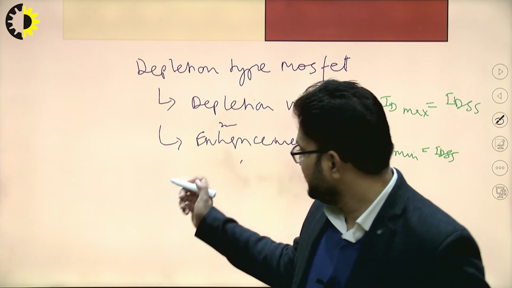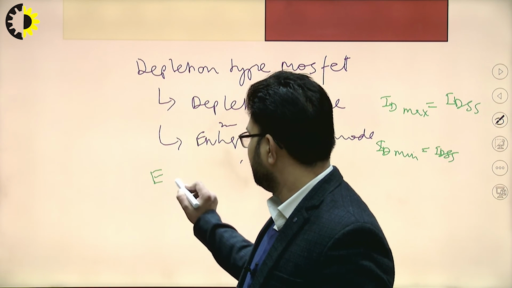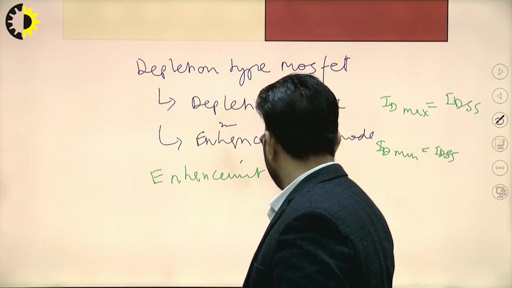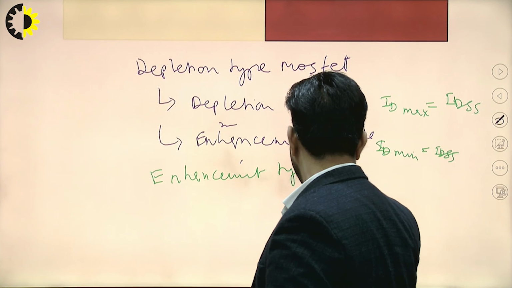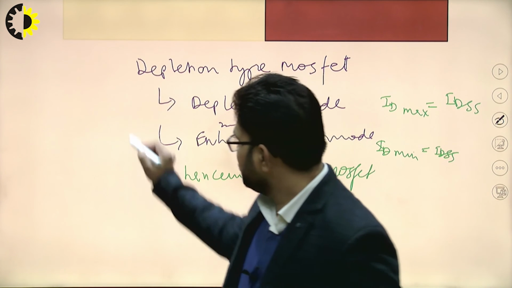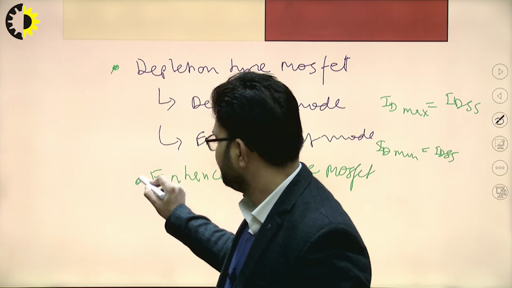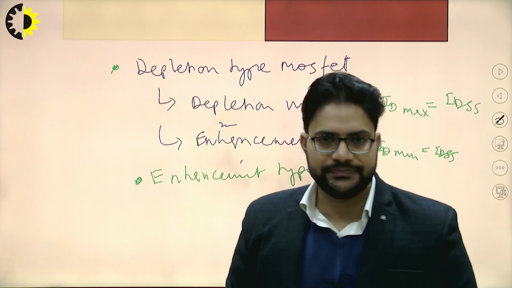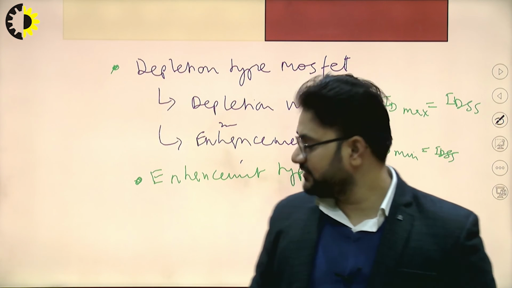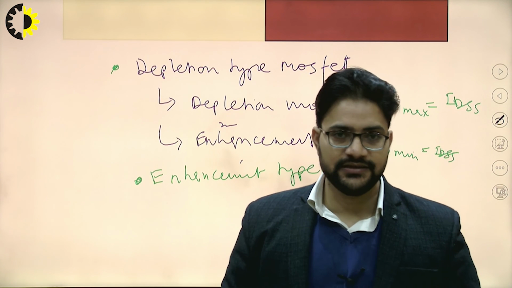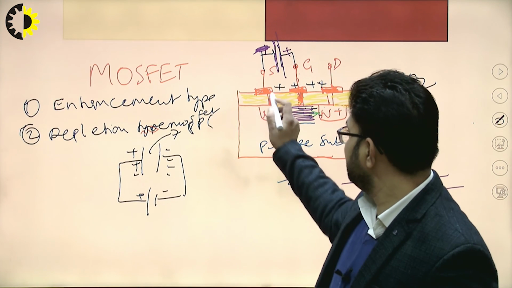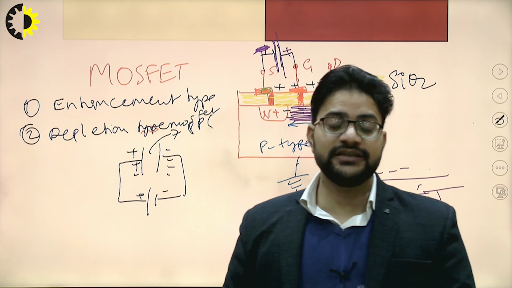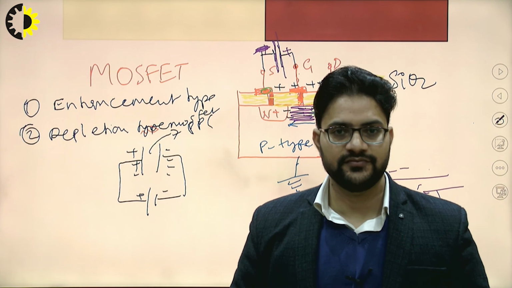Now next is E-only MOSFET, yeah, enhancement type MOSFET. In case of enhancement type MOSFET, these are also called modern MOSFET. In the modern MOSFET, what we do is we replace the aluminum plate at the source and the drain with polycrystalline silicon, right?